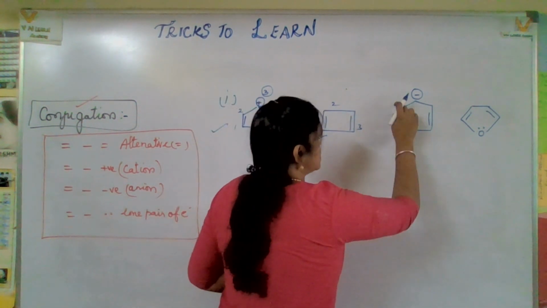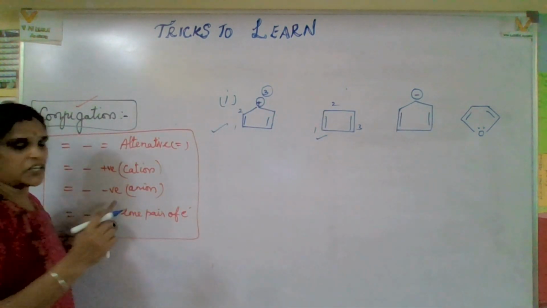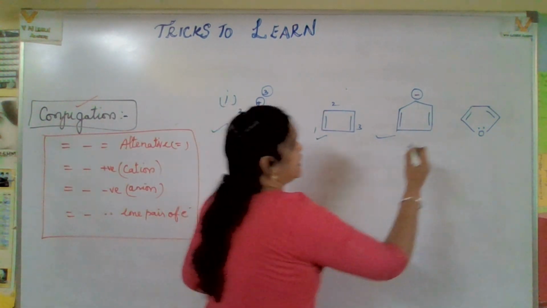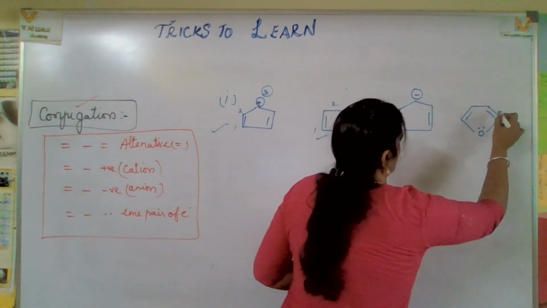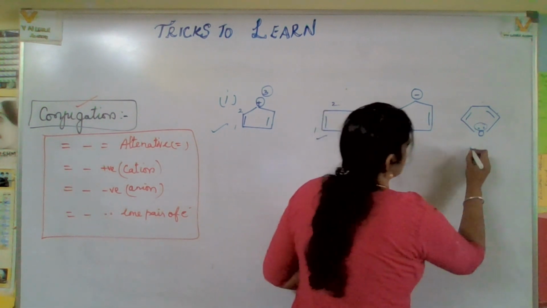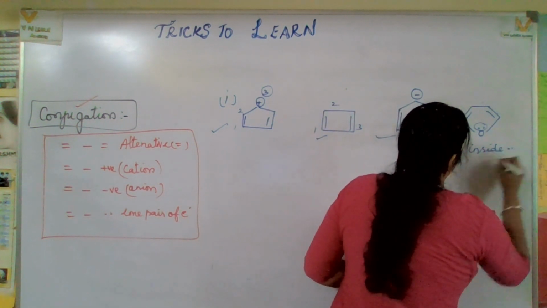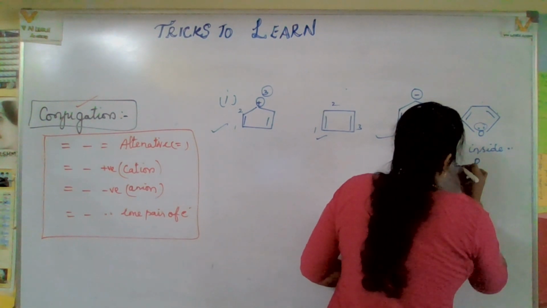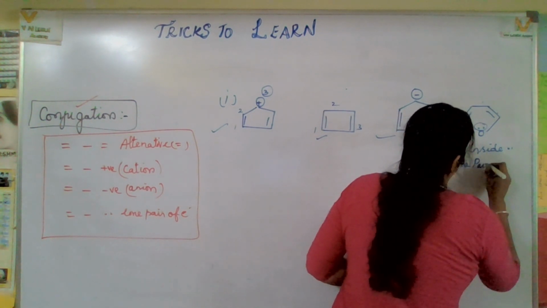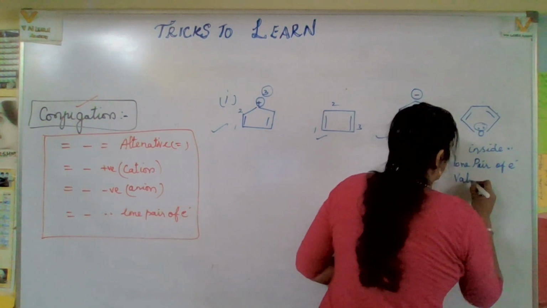Here double bond, single bond, negative charge. Yes, there is a conjugated system. And here double bond, single bond, double bond, and inside, the lone pair of electrons. It is valid.